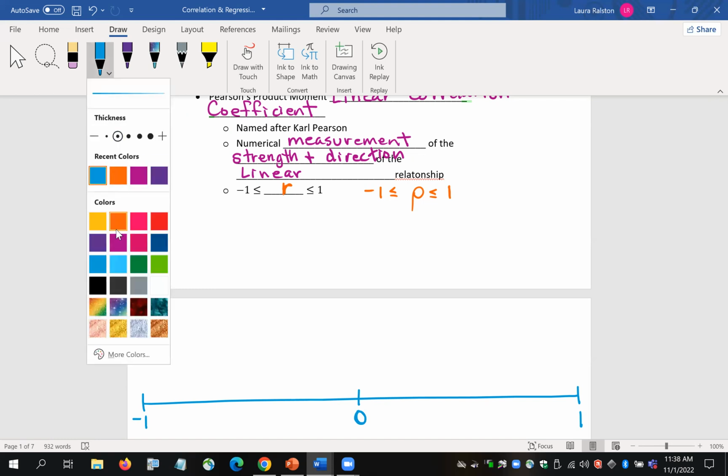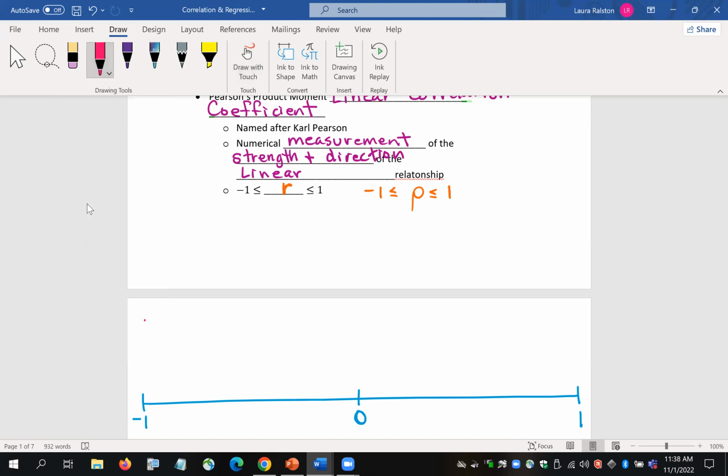If my R value is -1, visually, if I'm looking at the scatter plot, it would be one of those scatter plots where it appears that my dots or my data have lined up in a perfect straight line. This would be a perfect negative linear correlation.